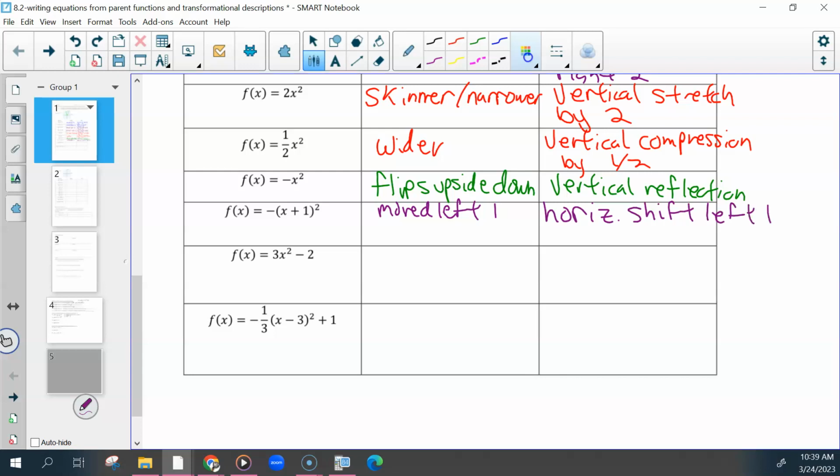There's one more thing that happens. Okay, it does flip. So what type of transformation is that? Vertical reflection.